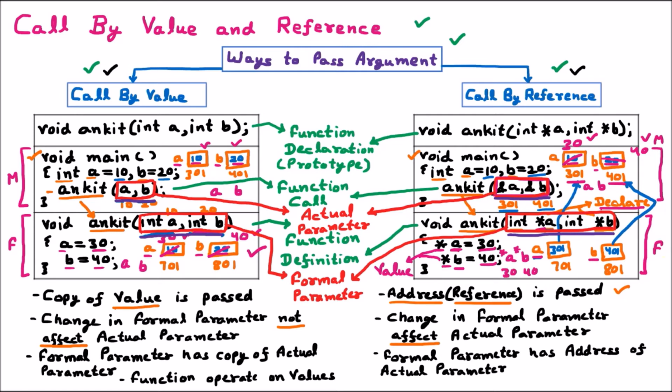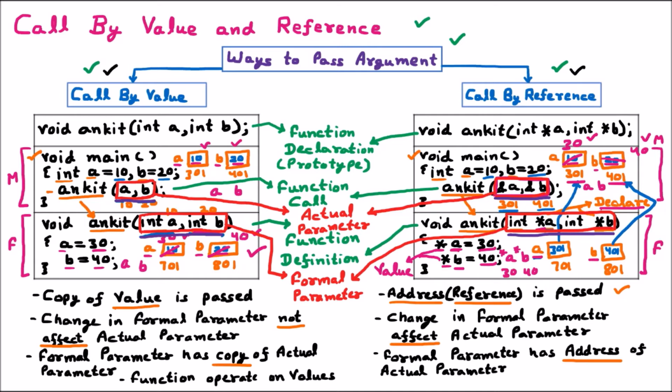Here we have the next difference between call by value and call by reference. In call by value, the formal parameter has a copy, because they have the copied value. But in call by reference, we have the address. That means they are pointing to the exact variable. If the function changes something, that will also change the exact value.